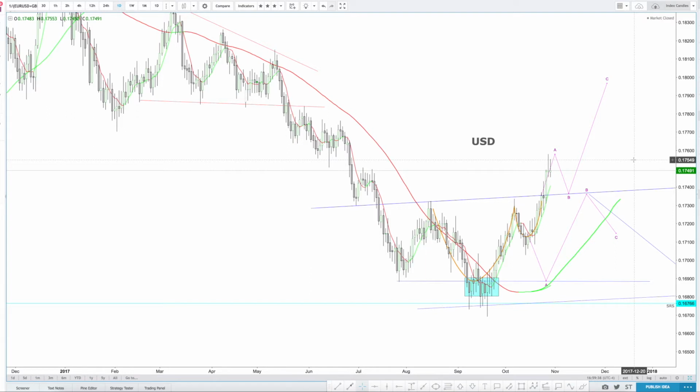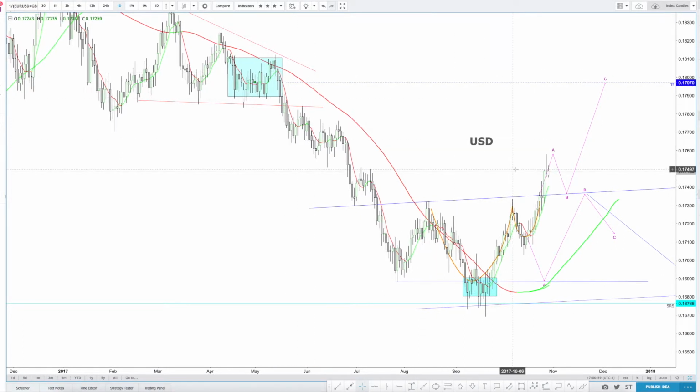So I'm going to write down USD going up. All right. So I'm going to mark off that area here like that. Like so. So I'm looking for this level to be reached. All right.